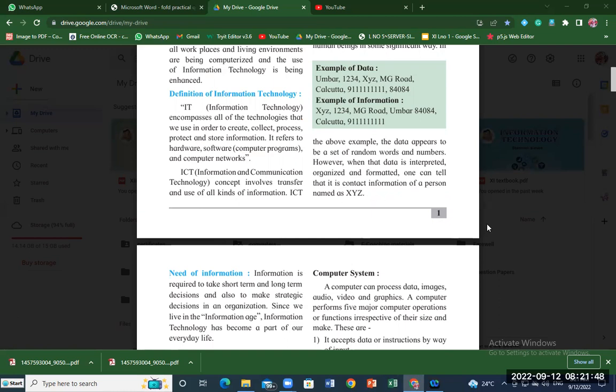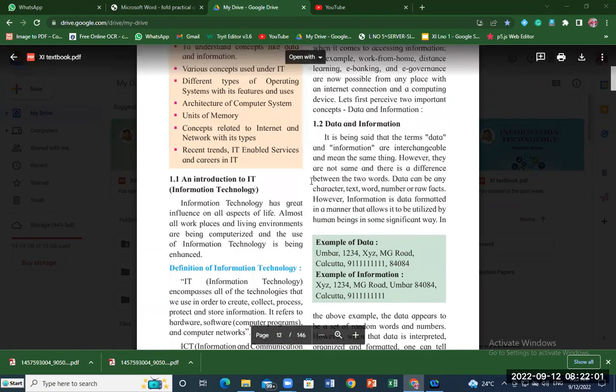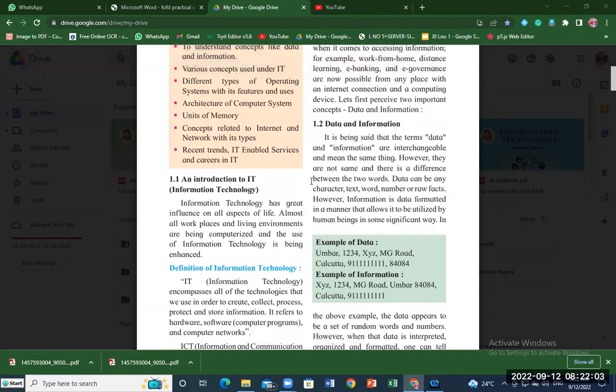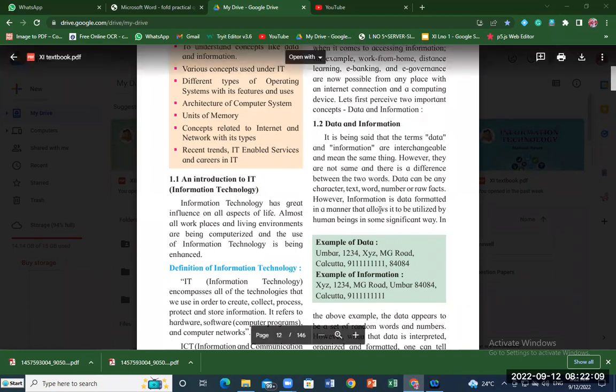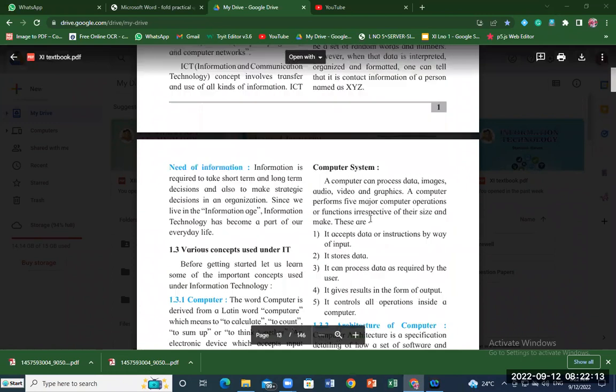After I format it and organize it properly, then it is understood. I get a clear idea of the information. So if there is a question in your exam, difference between data and information, you should give 2 points. One point will be the definition of data and information, and the second point will be examples.